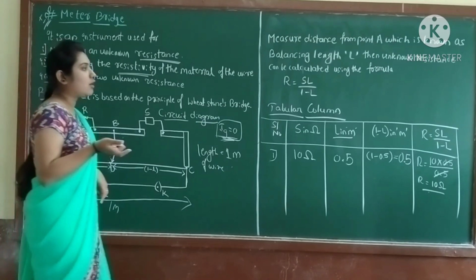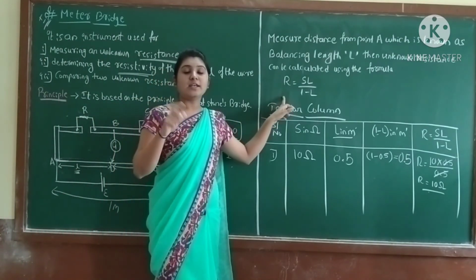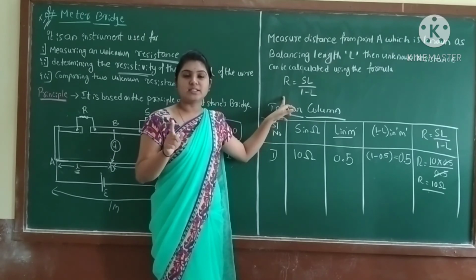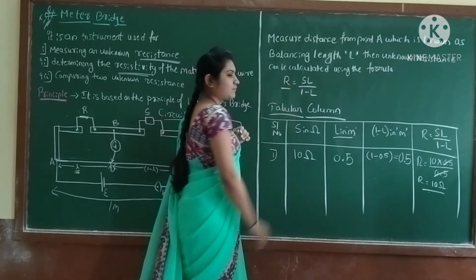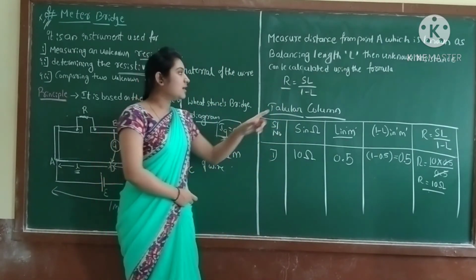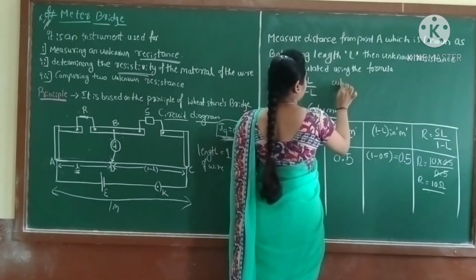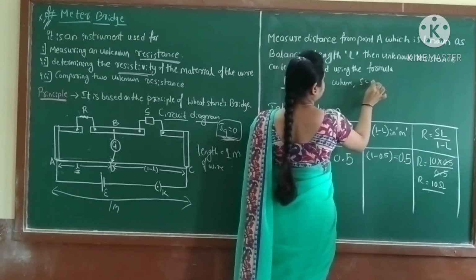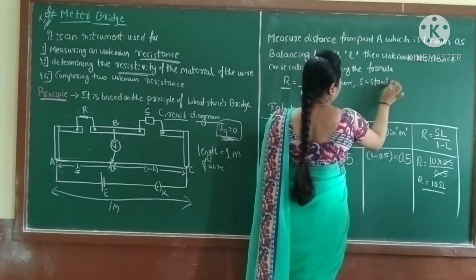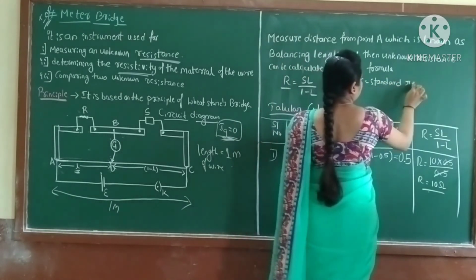Now we are calculating the unknown resistance by using the formula. What is the formula? Take S as the standard resistance.